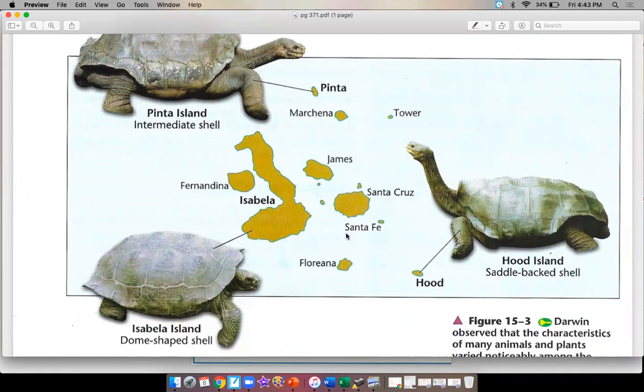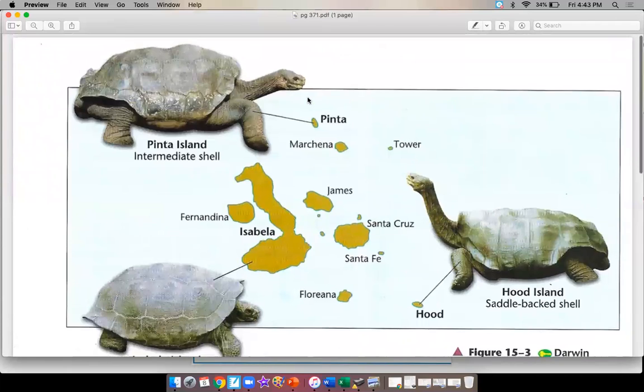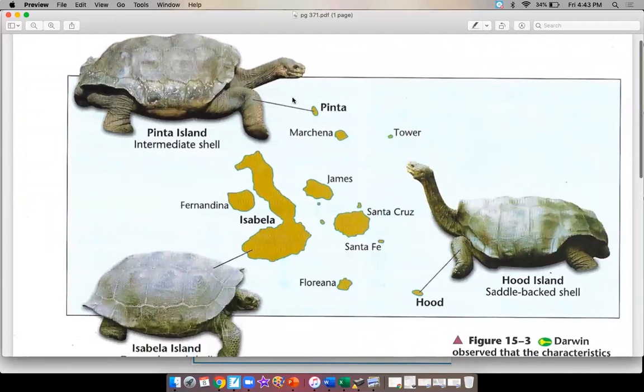And because they were separated, we talked about isolating mechanisms, things that prevent them from breeding with each other, in this case, being on different islands. These tortoises could not breed with these tortoises, and they could not breed with these tortoises. So they were stuck, just these guys were reproducing with each other, and that was it. And they started spreading the genes that were good for this environment, that made them fit for this environment.